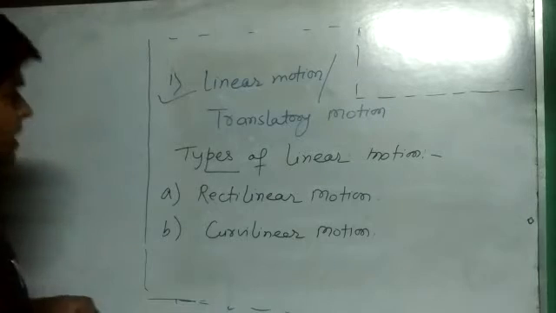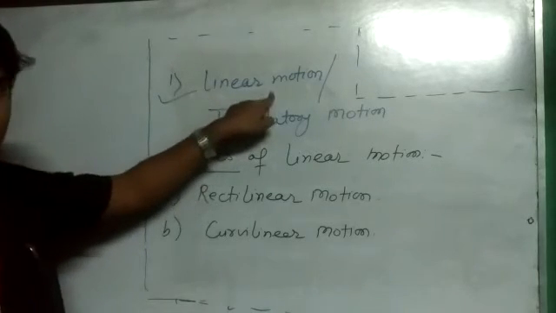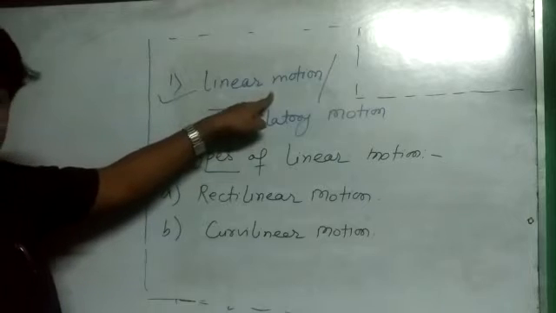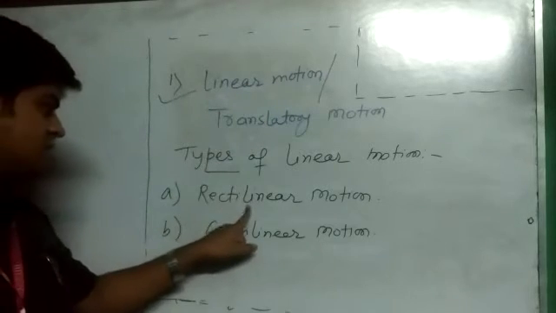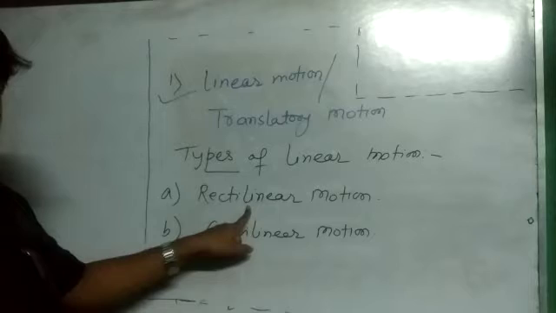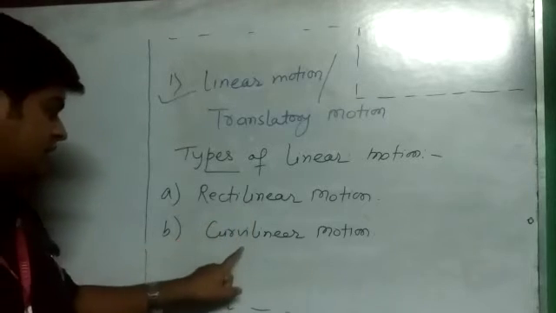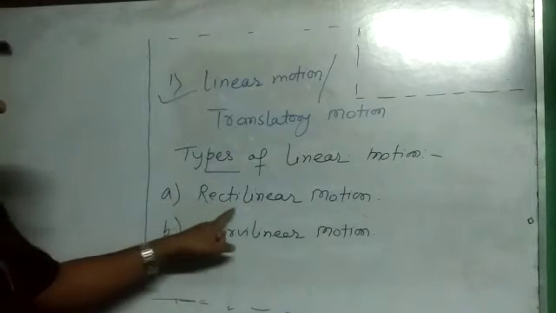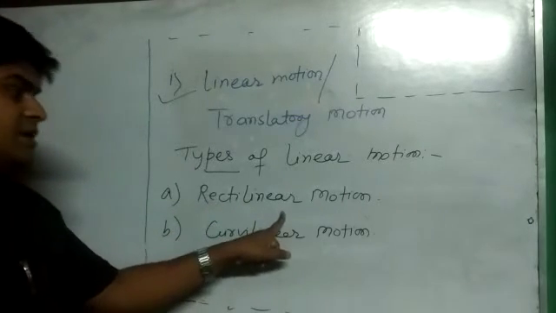That means when you define linear motion, an object travels in a straight line or curved line. If you say only straight line, it is called rectilinear motion. If you say only curved line, it is called curvilinear motion. So try to learn about rectilinear motion.